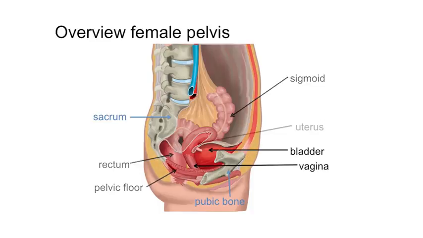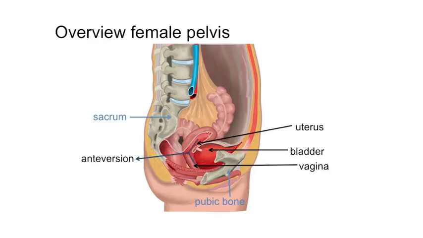The uterus is located superior to the vagina, in a so-called anteversion position. An anteverted uterus angles anteriorly with regard to the vagina. Thereby it lies on the bladder.